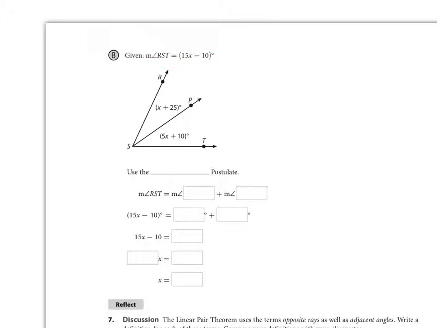So I know that the measure of angle RSP plus the measure of angle PST equals the measure of the bigger angle, which is angle RST. I don't know why I wrote it up there.